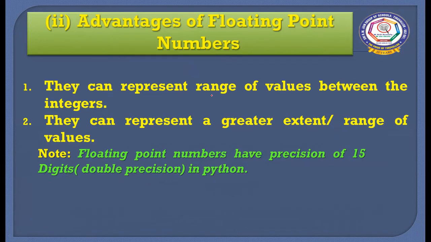They can represent a range of values between the integers, right? So more values can be represented between the whole numbers. They can represent a greater range of values, that is, more precision can be given, even though it has a limitation of 15 digits of precision.